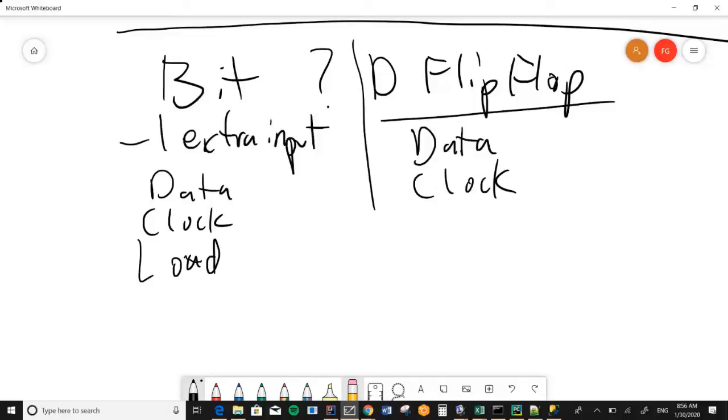Because data is just knocking on the door of that RAM at all times, asking to come in. It's kind of a funny way to think about it, but it's literally what happens in the CPU. It's wired so that the ALU is simultaneously trying to change every memory location to conform to its will. But we only want to allow one word at a time to change. That's why we need a load bit.